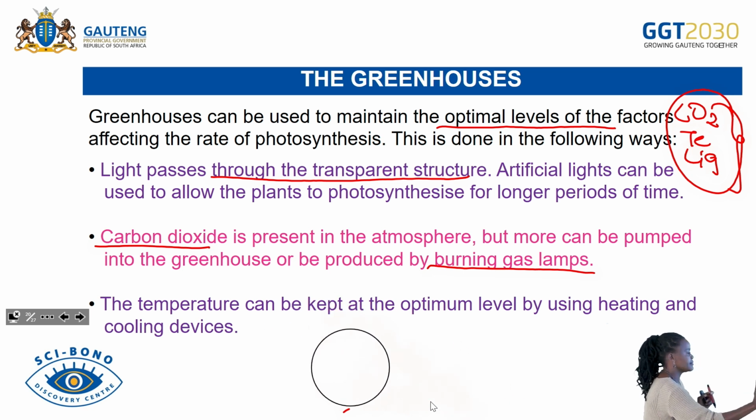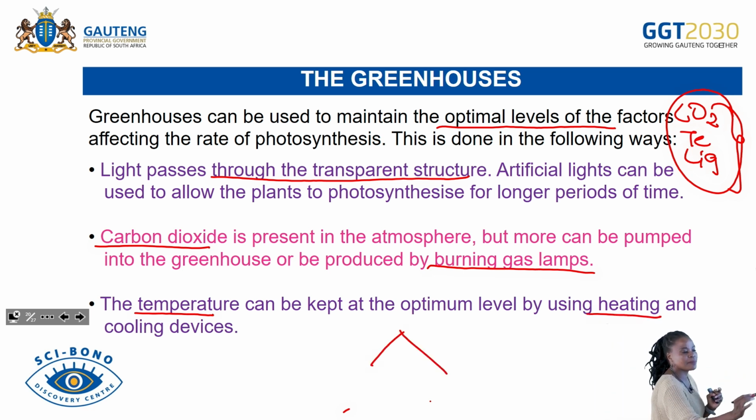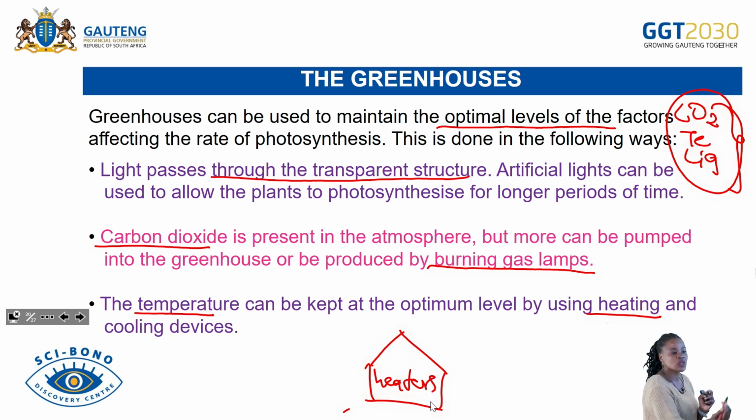And then the last factor, which is temperature. The temperature can be kept at its optimum level by using heating systems. If we are having cold days, it means that they can put heaters inside the greenhouse, so that the temperature levels can increase.